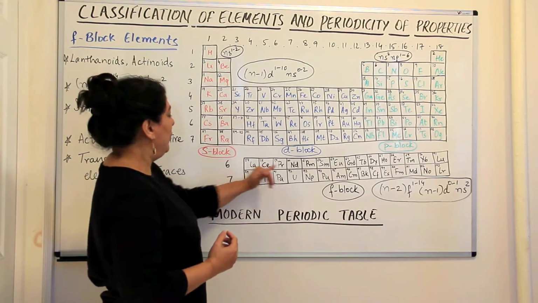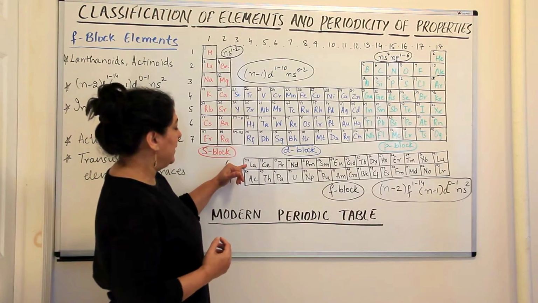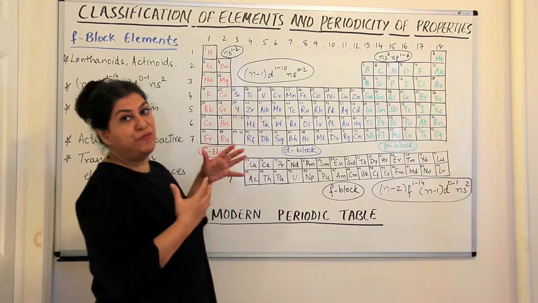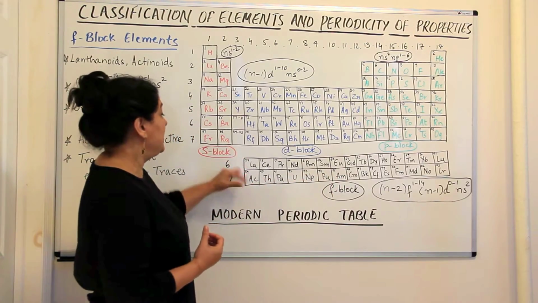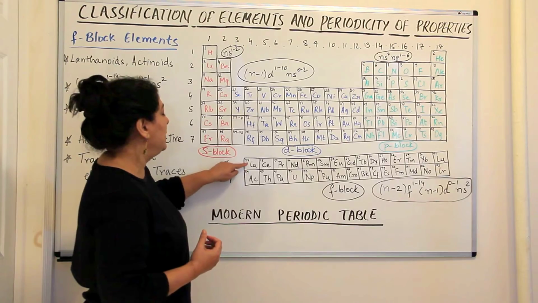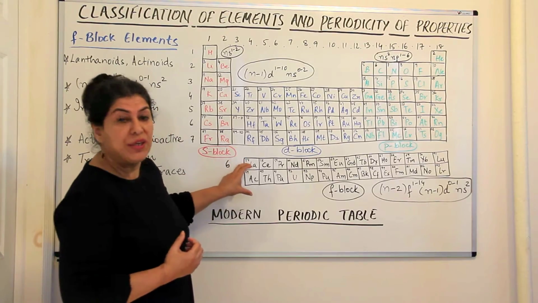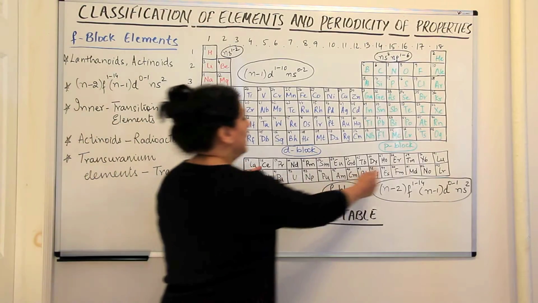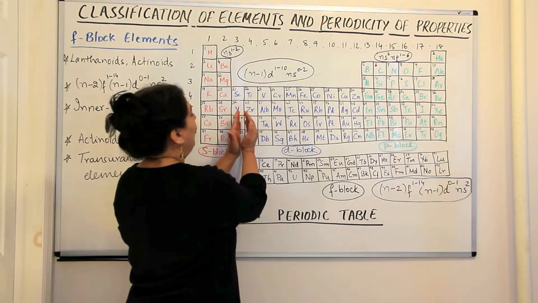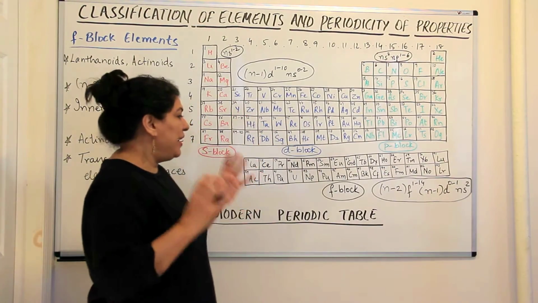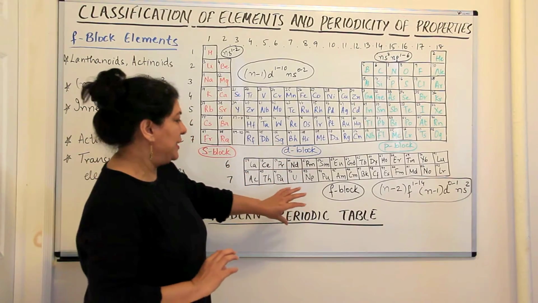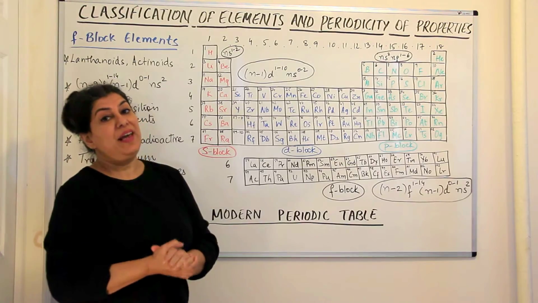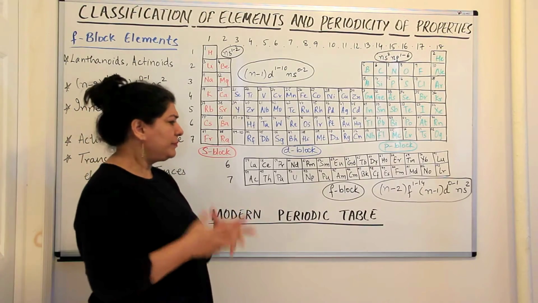Since they follow lanthanum, they are known as the lanthanide series, and this series follows actinium, therefore they are known as the actinoid series. That's the reason why lanthanum and actinium have been put down here, while they actually belong here. And then these 14 elements should fall between these two. But the F block has been kept separately, and these two rows are known as the F block elements.